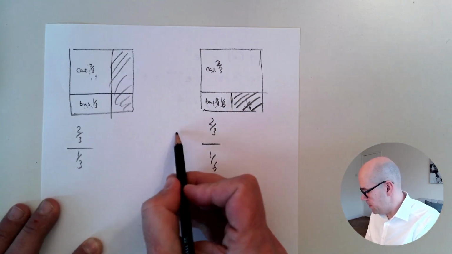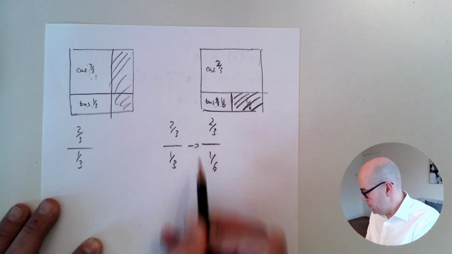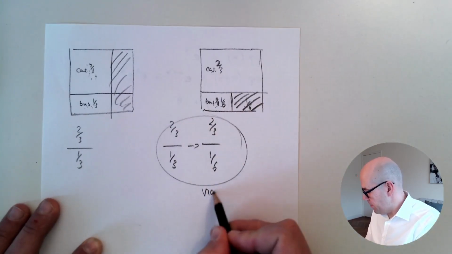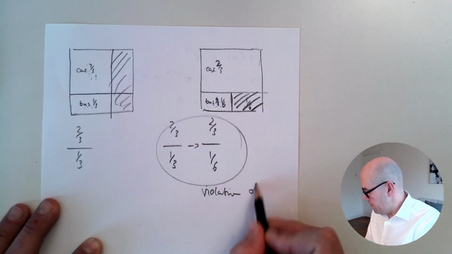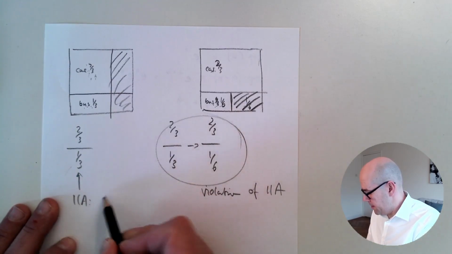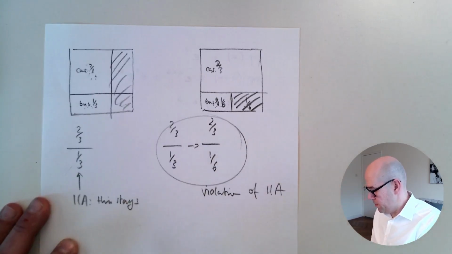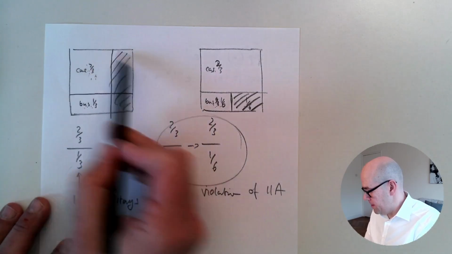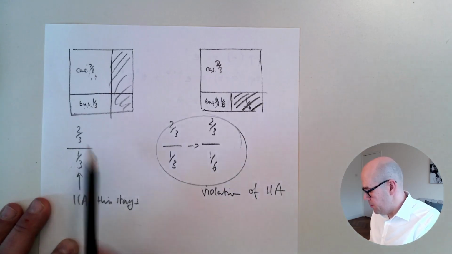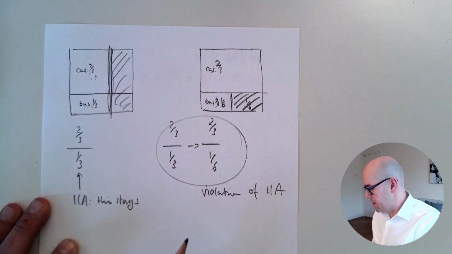So it goes from 2/3 divided by 1/3 to 2/3 divided by 1/6, and this is a violation of IIA, and IIA means that this stays the same. Okay, so this stays the same, and this can be visualized in this way here, that it will take away in this particular way.